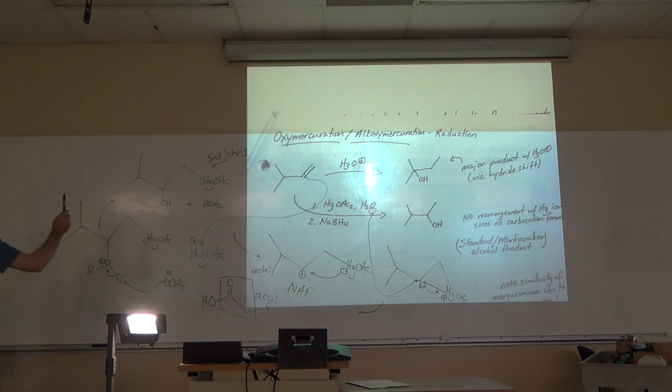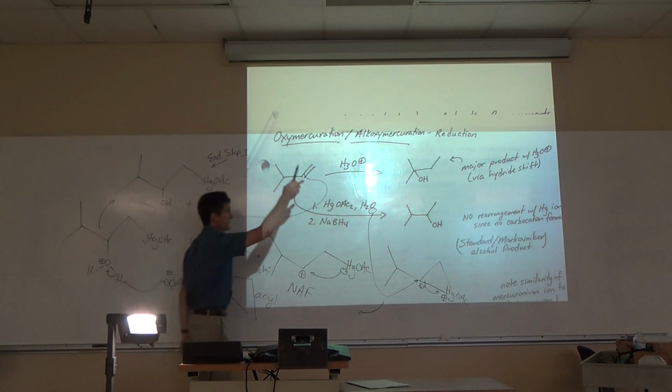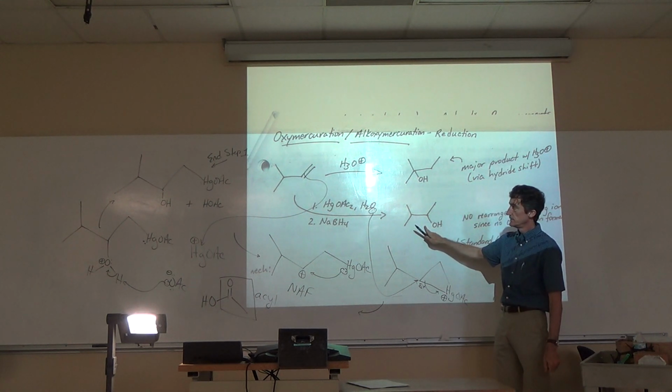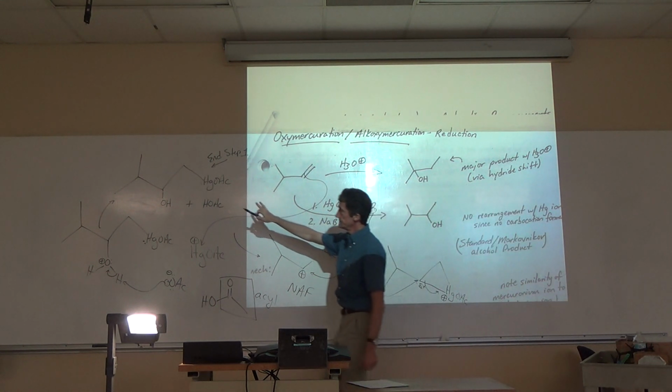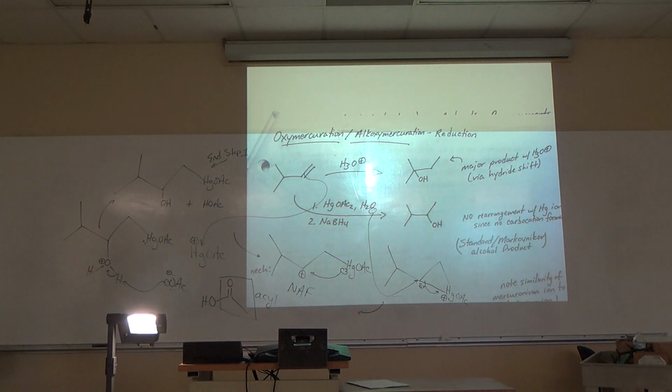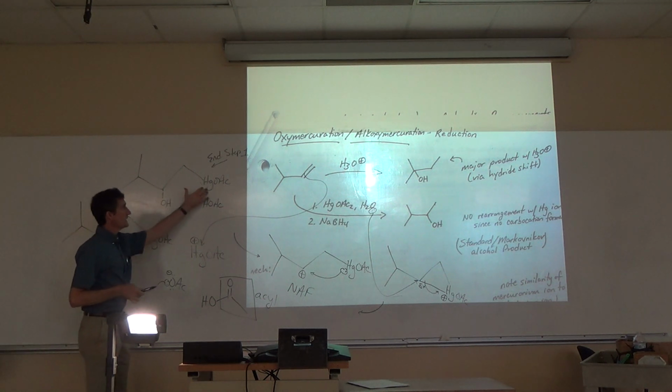What do we need to do to get from this to the end product? Yes, but what needs to happen to get to the end product? Got to get rid of the mercury and the acetate.